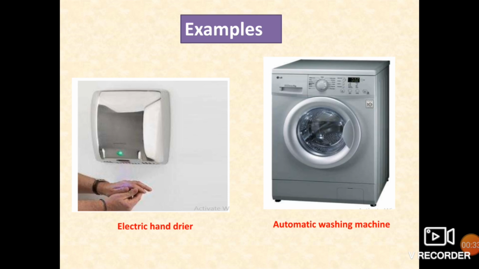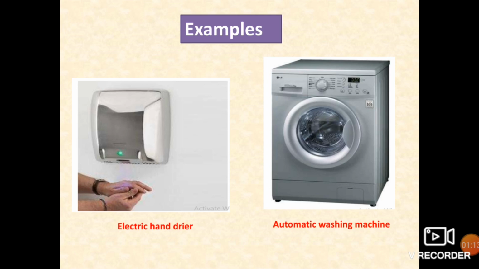The clothes may have been washed before the preset time or after the preset time, but it is not known to the machine. So we say it is an open loop control system, because the correction or the variation in the output is not automatically corrected. What is the variation? The cloth may be clean before the preset time. That variation is not automatically corrected by this control system. So I am saying this automatic washing machine is an example of an open loop control system.